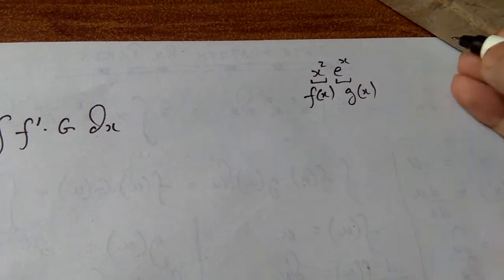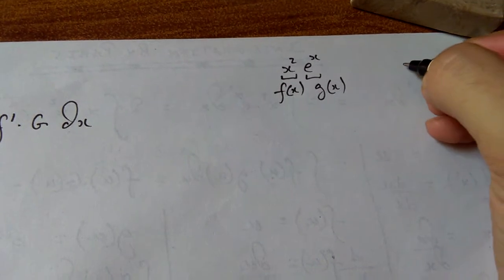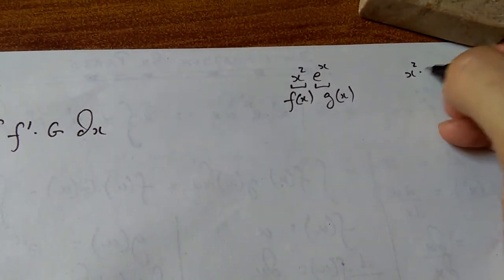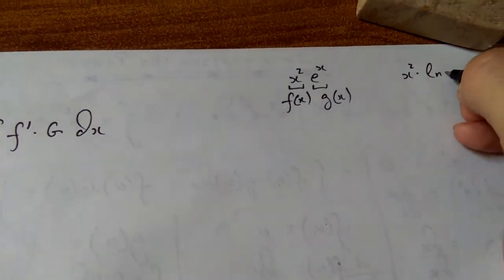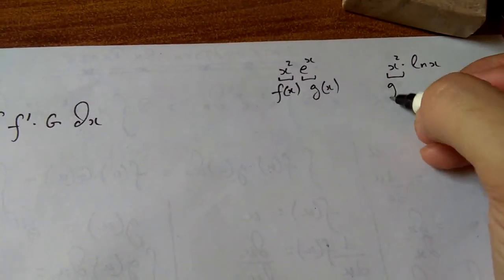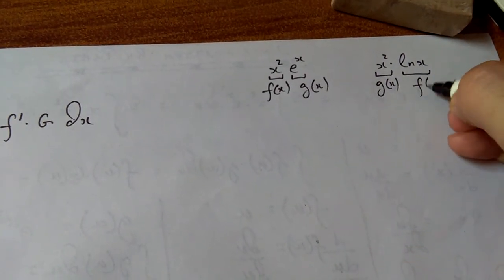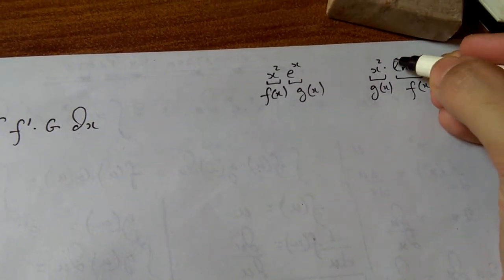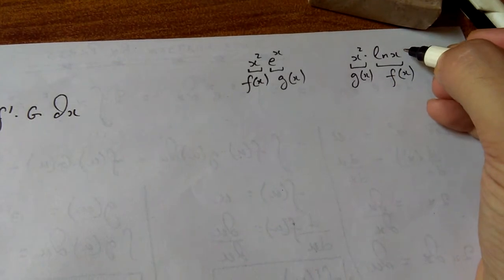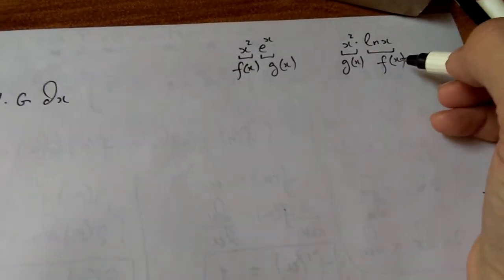And if you have an integrand which is the product of a polynomial and a logarithmic function, then always take the polynomial in that case as your g of x and the logarithmic function as your f of x, because you know that the integral of this function does not exist, so obviously you have to take it as your f of x, the function to be differentiated.